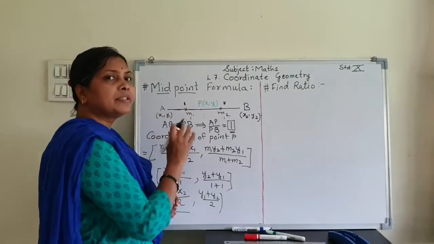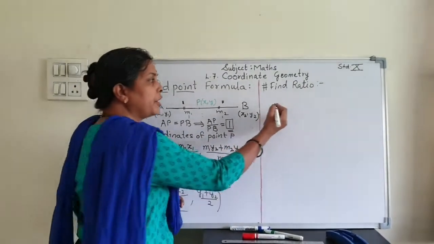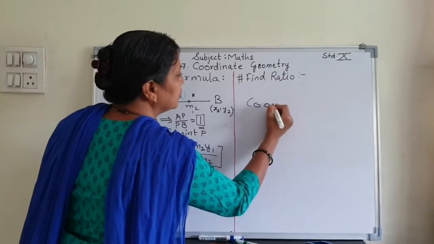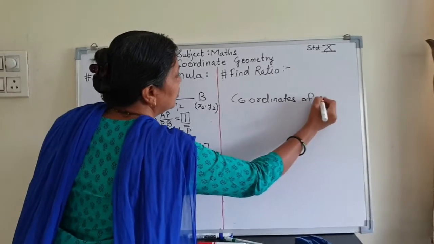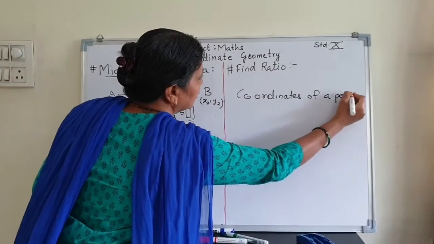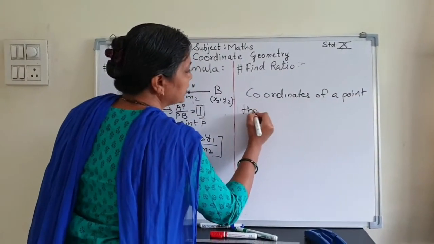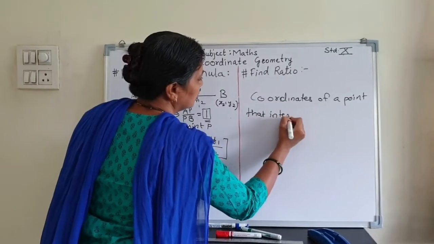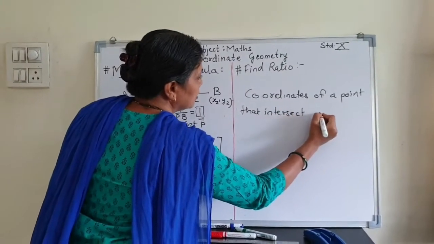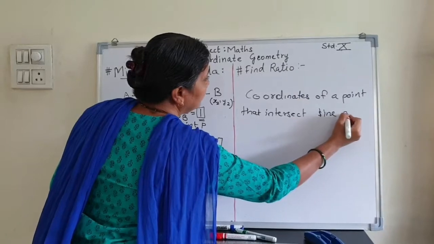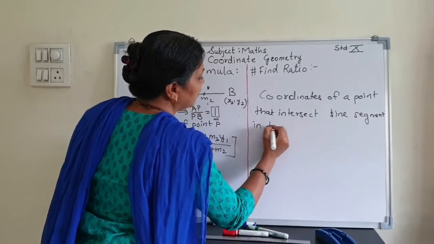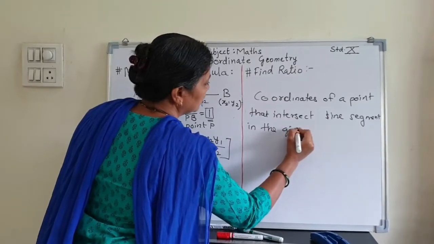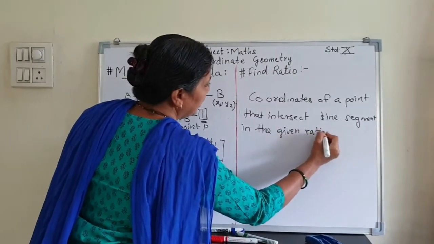So thus we use the section formula to find the coordinates of a point that intersects a line segment in the given ratio. Right?